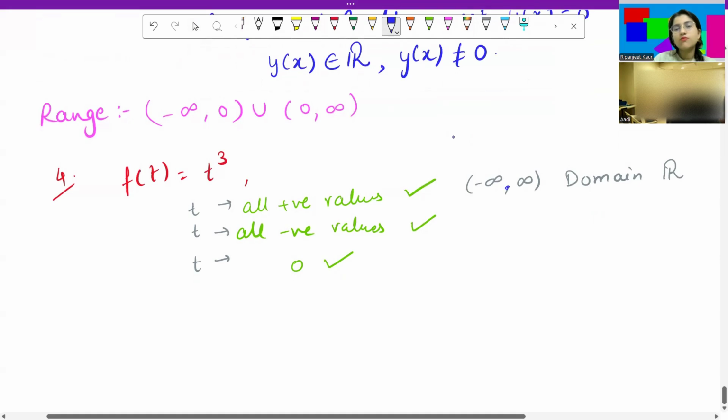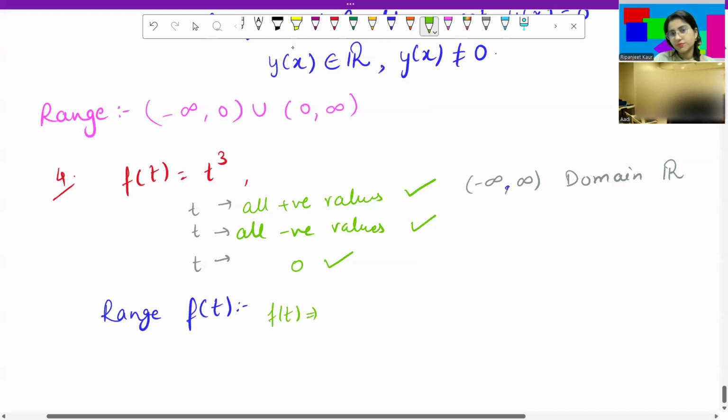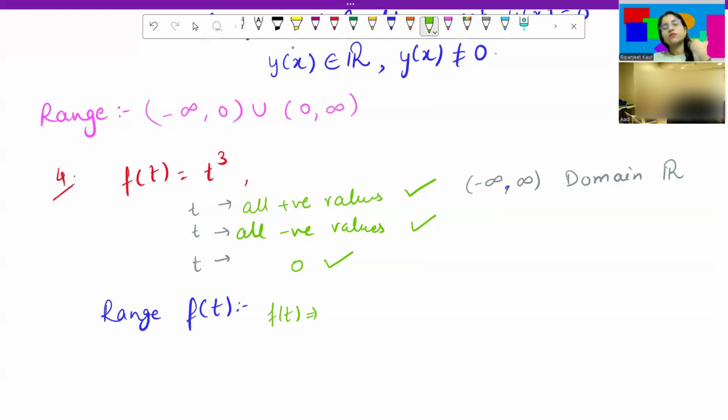And now we want to find out the range. For the range, we have to check f of t, which means all the values of f of t we can have. When we plug in positive values, what kind of values will we get?